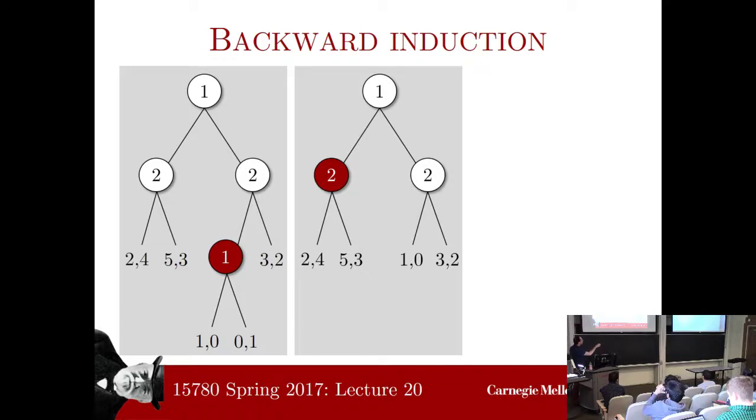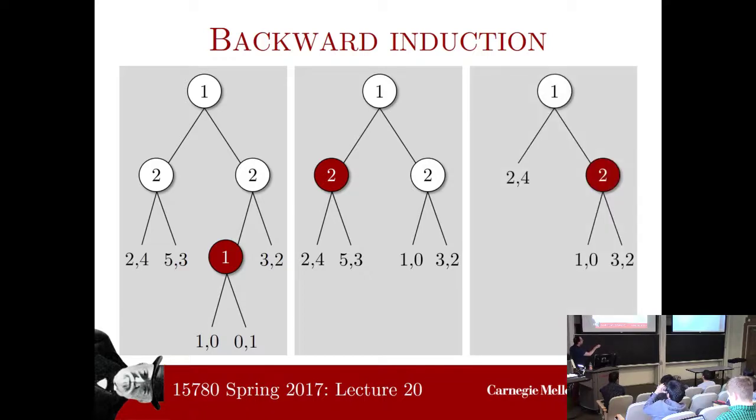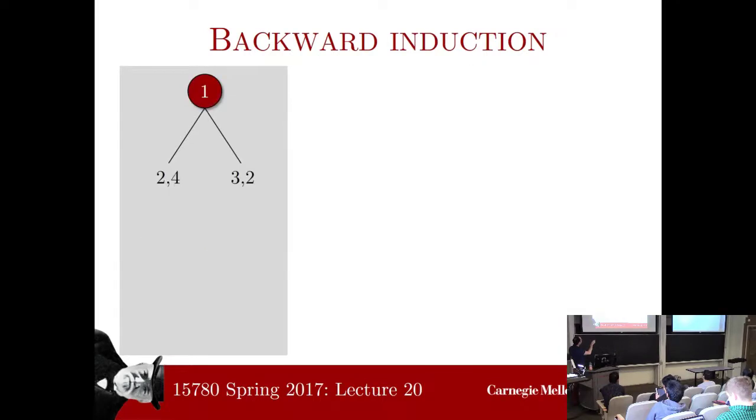Now, in this leaf, player 2 chooses between 0 and 2, so it would choose 2, and we get 3, 2 here. And now player 1 chooses between 2 and 3, so it will choose 3, and the payoffs that we get at the root are 3 and 2. So this is the backward induction solution to this game.